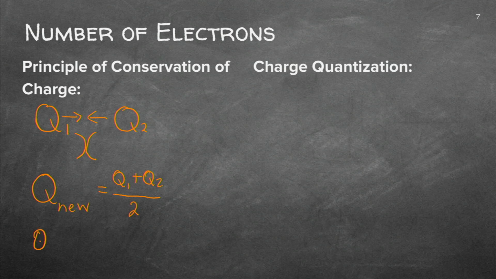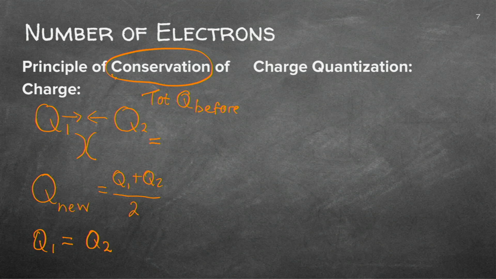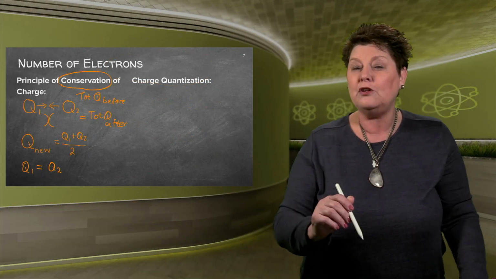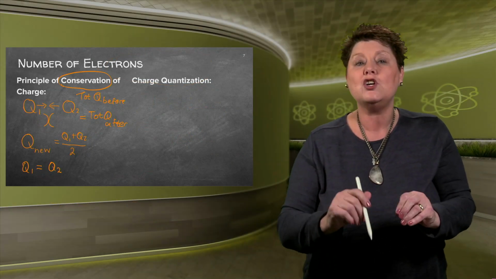They will have equal charges after touching each other because they want to neutralize. But the actual fact is it's been conserved. It will be the same. So the total charge before will be exactly the same as the total charge after. So make sure that you remind yourself about the conservation of charges.